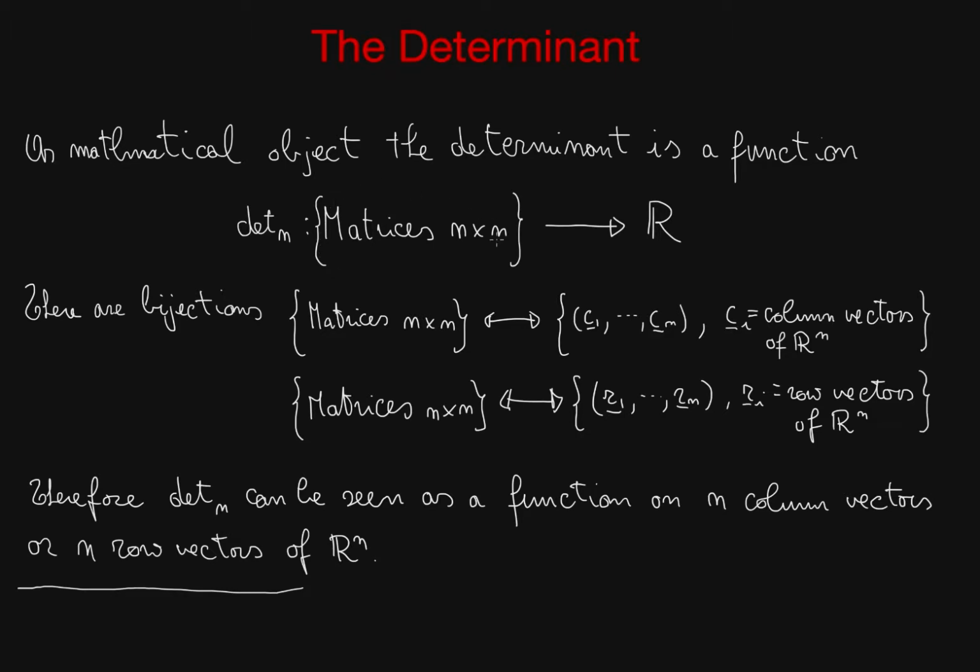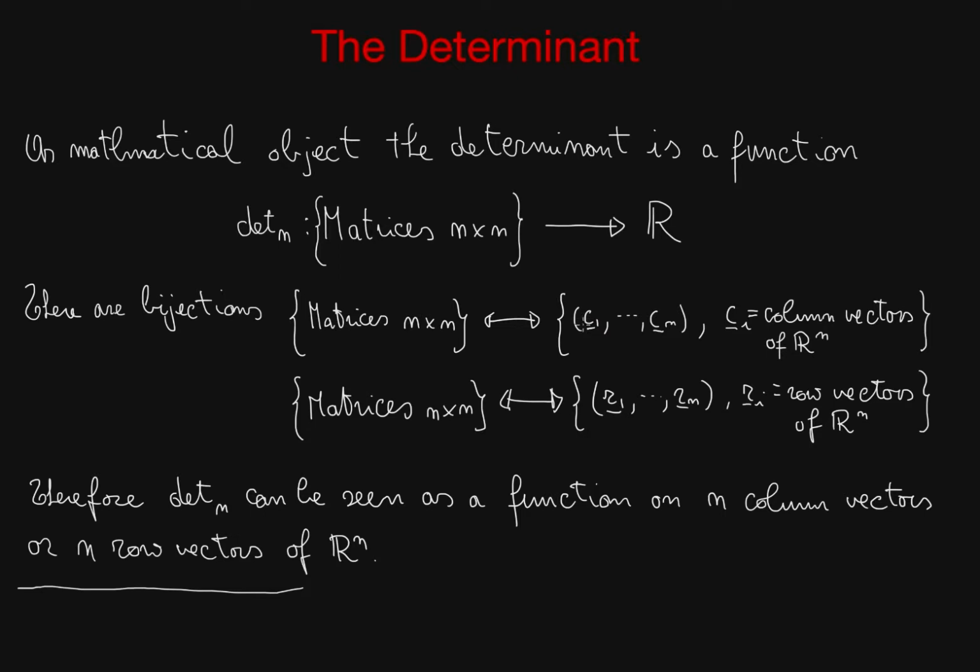But since the set of matrices can be identified by a canonical bijection to the set of n-tuples of column vectors of R^n, in which way? Well, we take a matrix, and to a matrix we associate the set of its column vectors. Each column vector of an n by n matrix is going to be a vector in R^n, written vertically.